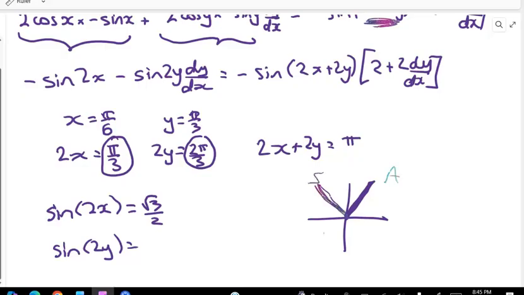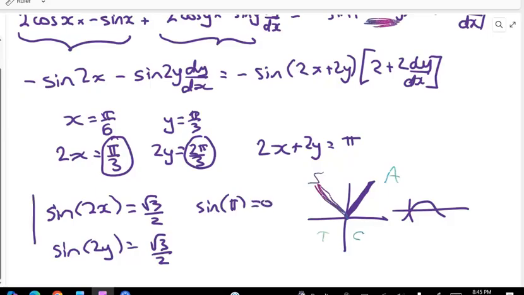Remember from trig that sine is positive in that quadrant. So sine of 2y is also equal to √3 on 2. And lastly, sine of 2x plus 2y is sine of pi. And we really like this because sine of pi is equal to 0.